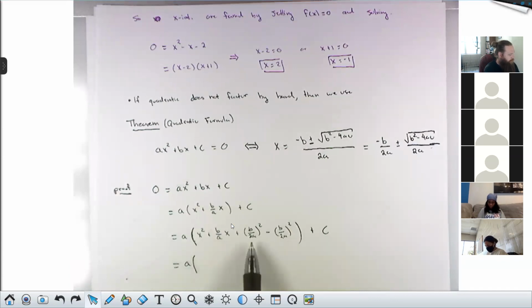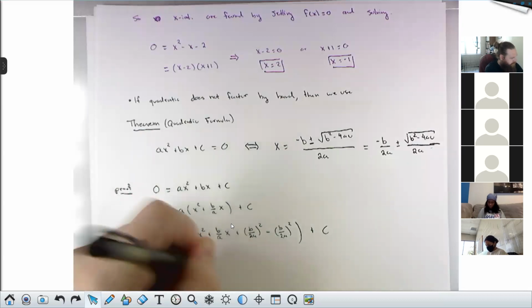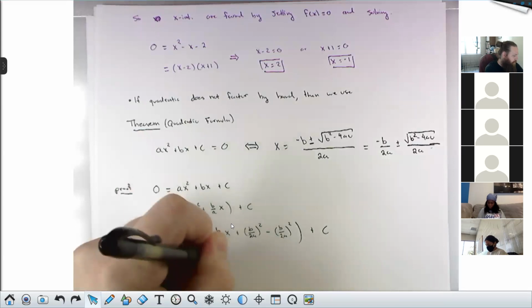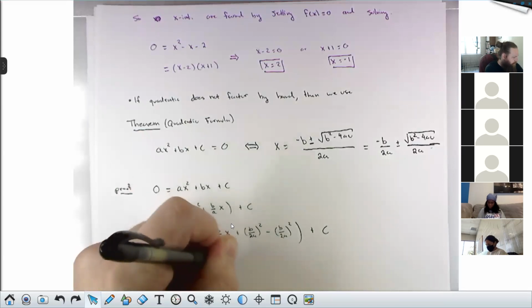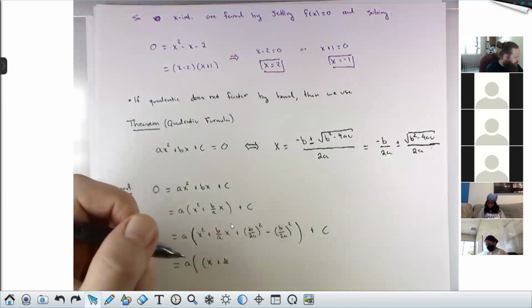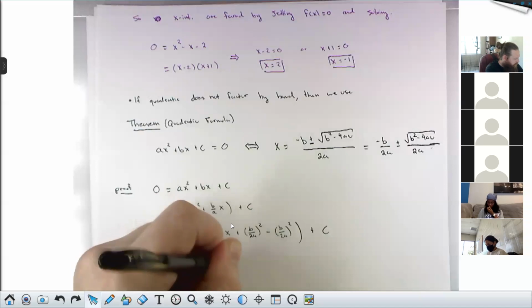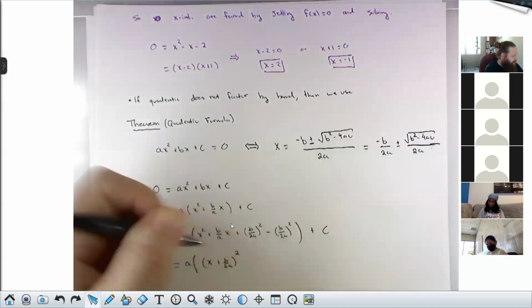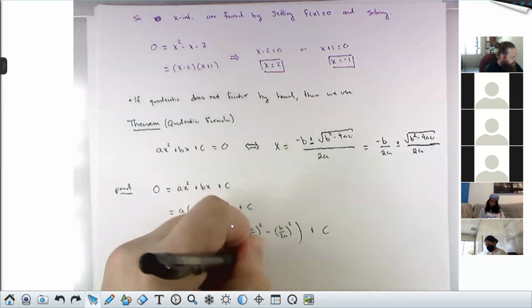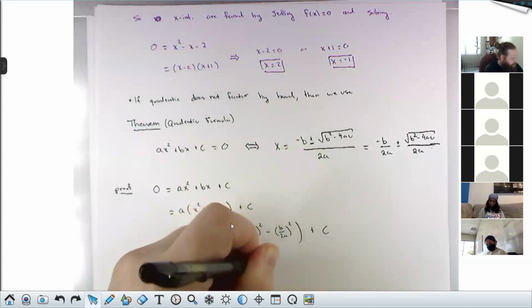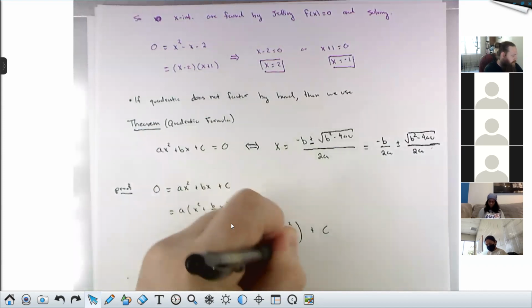Two numbers that multiply to b over 2a all squared and add up to b over a, that's x plus b over 2a all squared. And then you have your minus b over 2a squared here, and your plus c.